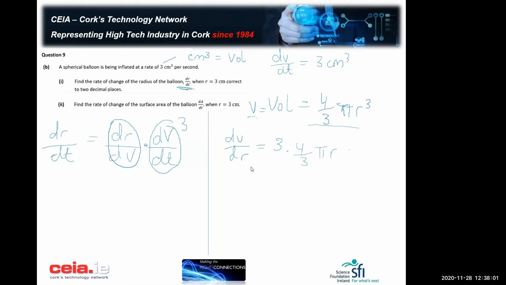Remember, we reduce the power. That cancels with that, so we're left with 4 pi r squared. So now we know that dr/dt is equal to 4 pi r squared by 3, which is equal to 12 pi r squared. And the question is, when r is equal to 3, what's that?